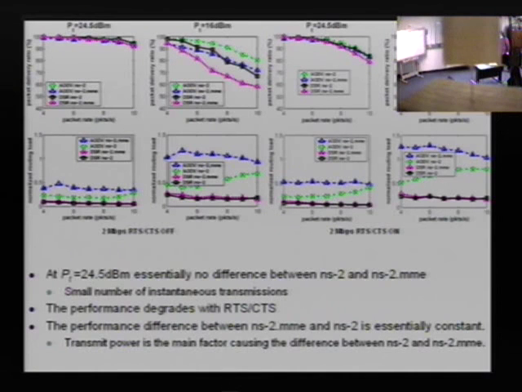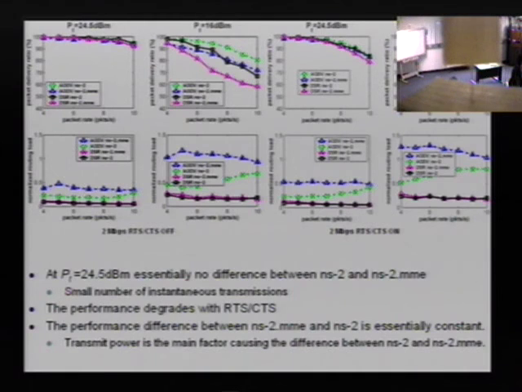so here we see the results for 2 megabits per second with RTS/CTS off, and here we see the results for 2 megabits per second with RTS/CTS on. The main difference is that we see RTS/CTS actually degrades the performance.